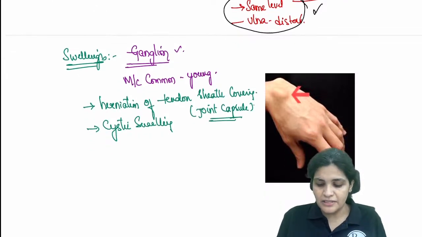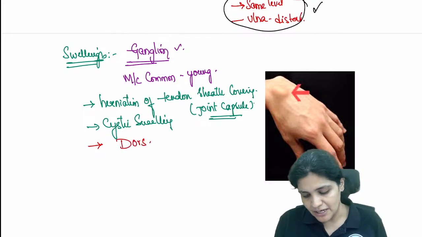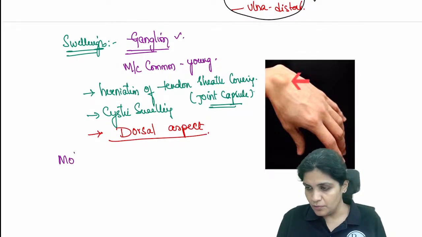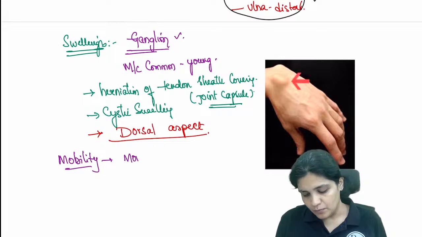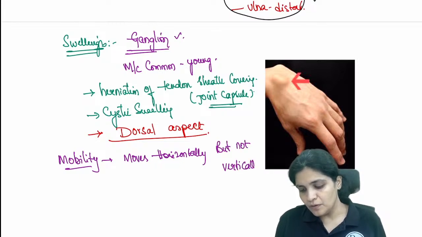Now you have to remember that it is usually present on the dorsal aspect. And coming to its mobility, the most important thing is that it moves horizontally but not vertically, right? This is how you have to identify it.